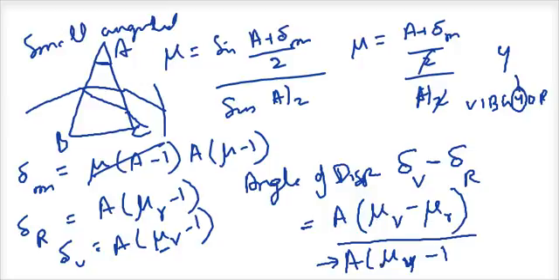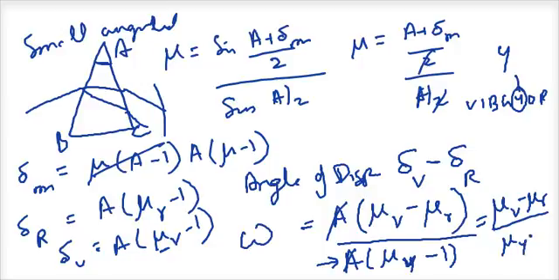The angle of dispersion divided by the average deviation gives you omega, the dispersive power. The definition of dispersive power is the angle of dispersion divided by the average deviation. If I cancel these two, it is equal to (mu violet minus mu red) by (mu yellow minus 1). This is the dispersive power. Let me write it again.